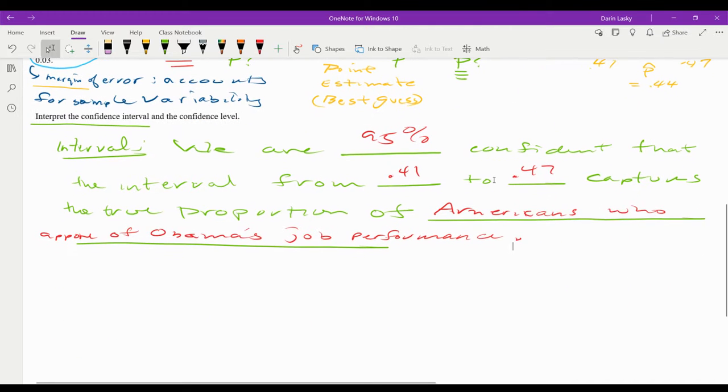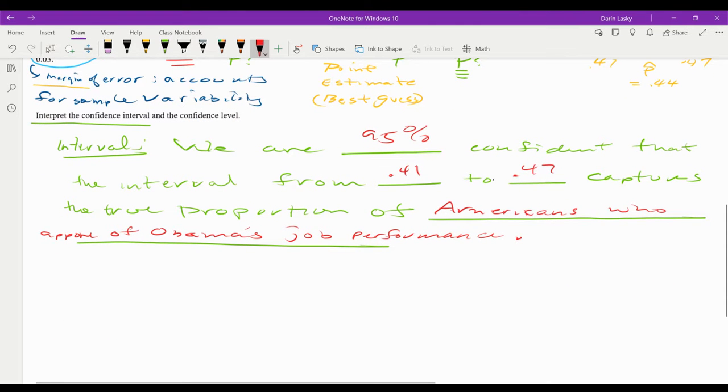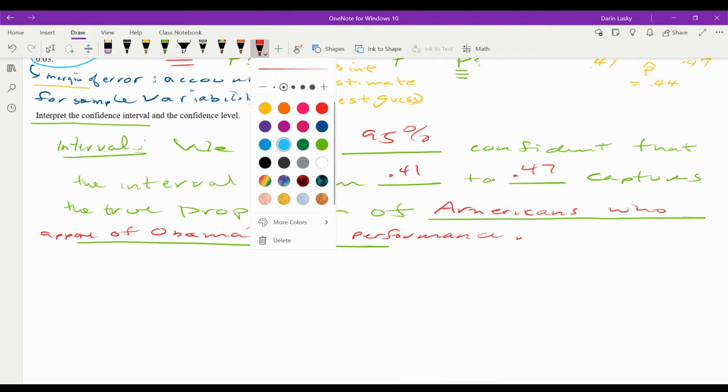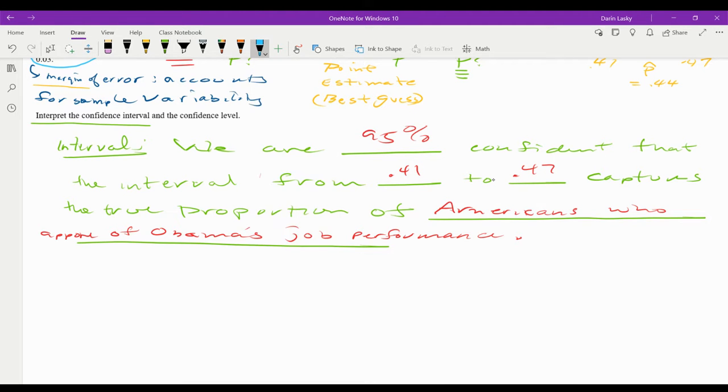Okay, so now let's go ahead and interpret. Let's go change our colors again. Let's go back and interpret the confidence level.